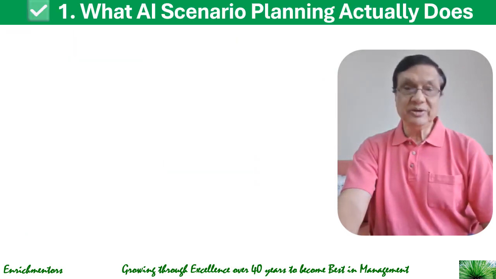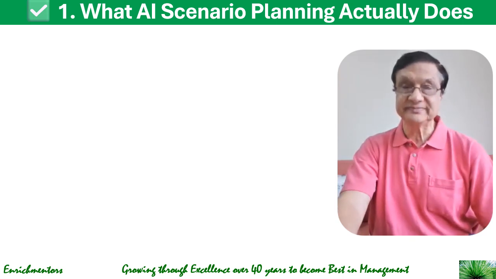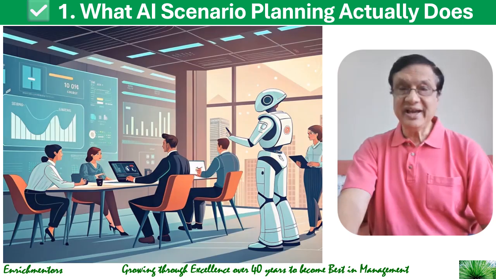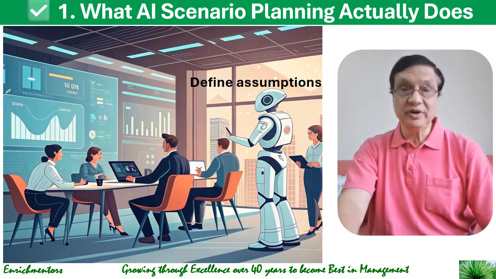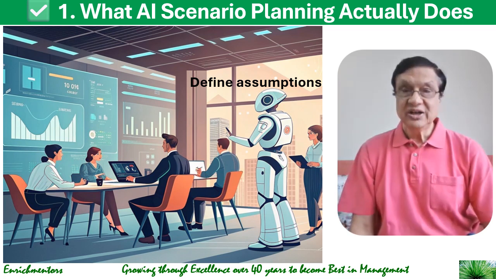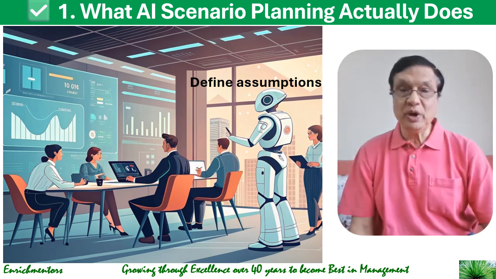Before we take a look at the process, let's look at what AI scenario planning actually does. AI scenario planners help you do a few things. First, they help you define the assumptions, like market growth is X, customer acquisition rate is Y, churn is Z, price change is plus or minus 10%, a competitor enters the market, and a new policy or regulation.